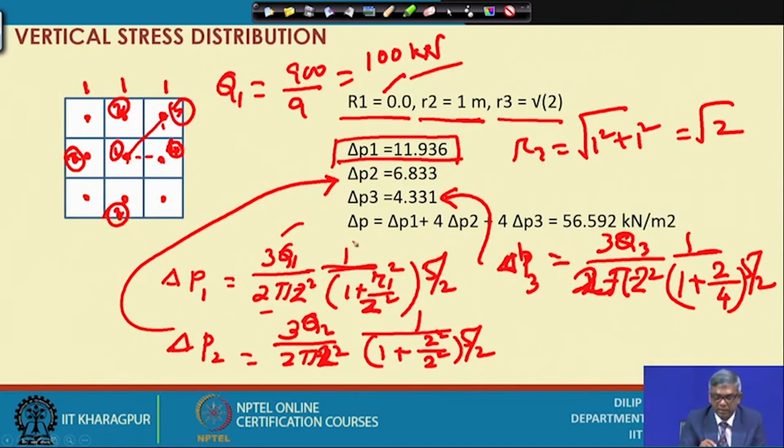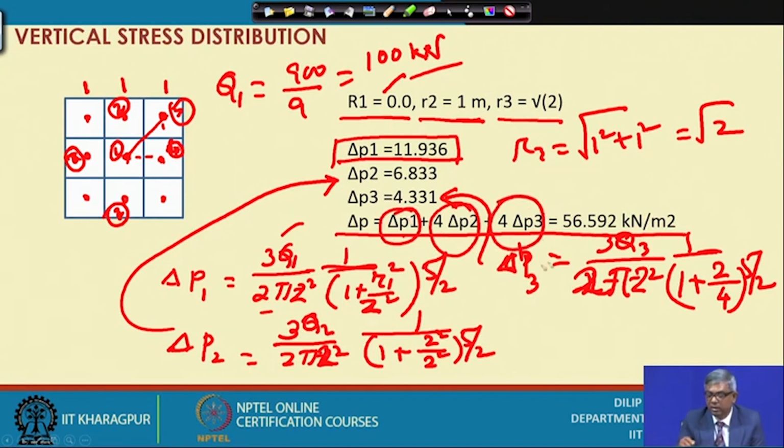Because of that I can find del P equal to 4 times del P1, that is only 1, and 4 times del P2, 4 times del P3, and then the value becomes 56.592.